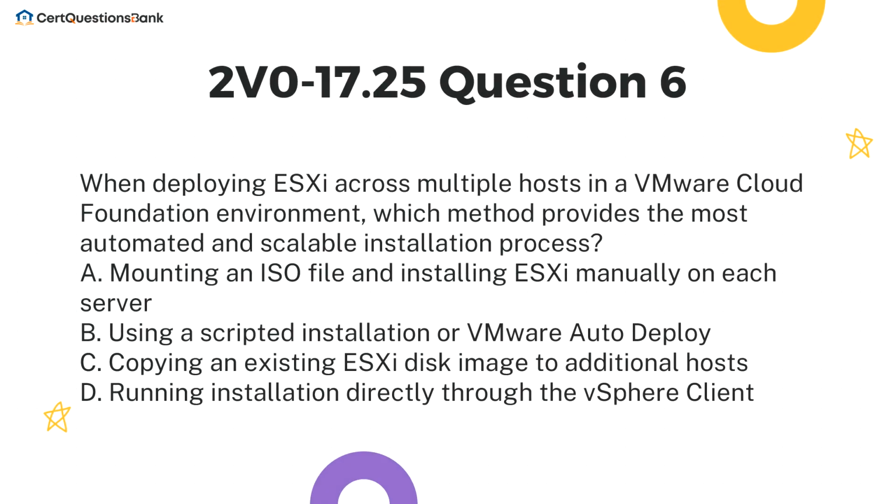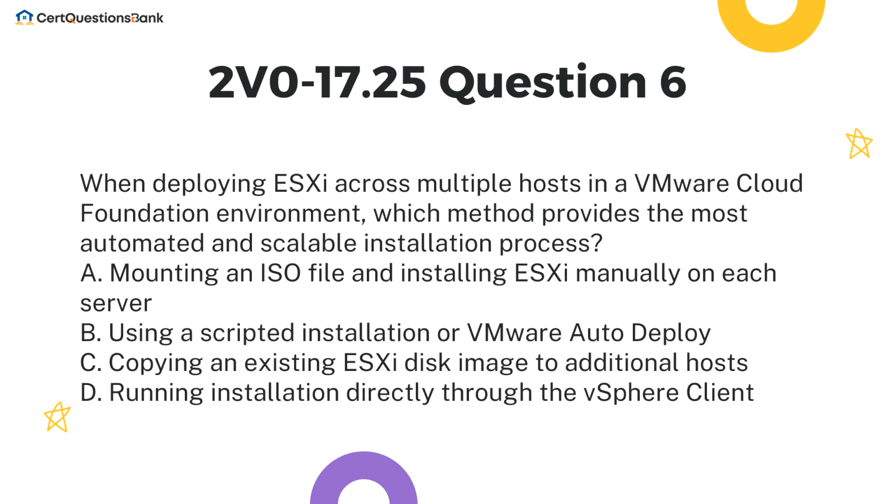When deploying ESXi across multiple hosts in a VMware Cloud Foundation environment, which method provides the most automated and scalable installation process? A. Mounting an ISO file and installing ESXi manually on each server. B. Using a scripted installation or VMware Auto Deploy. C. Copying an existing ESXi disk image to additional hosts.